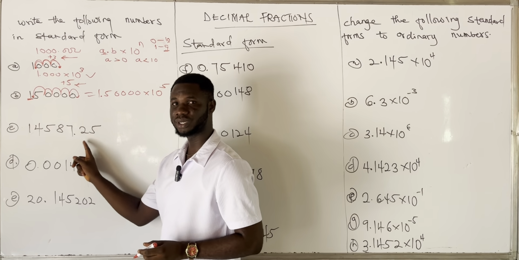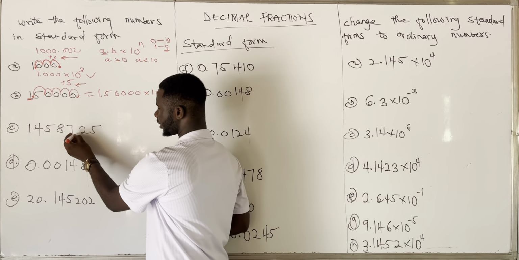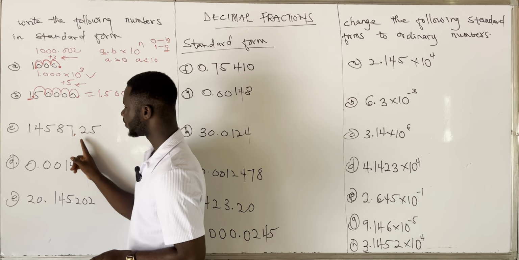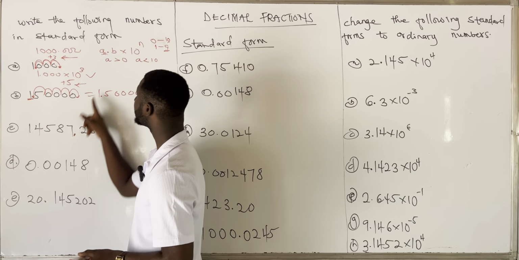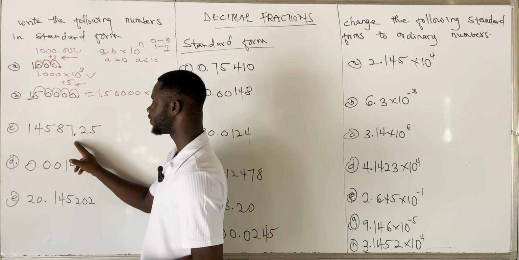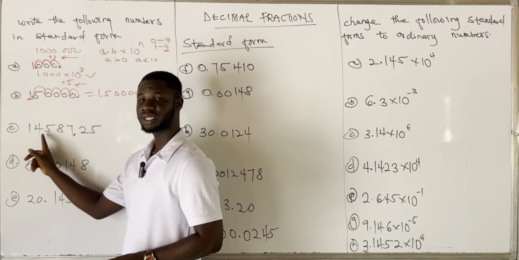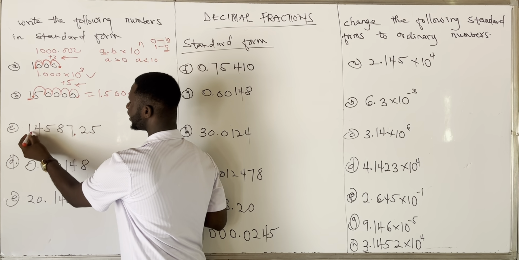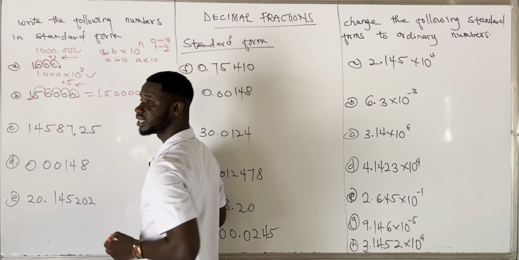Let's look at the third one. The third one, we have a point over here. But you can see that the a part is more than 10. We have 14,587. This is more than 10. So we have to move this point to where we can get the a to be less than 10.